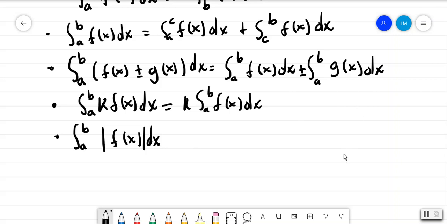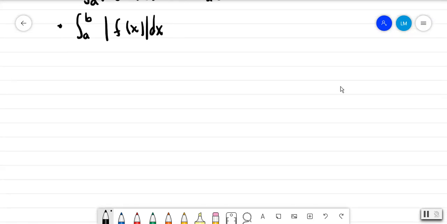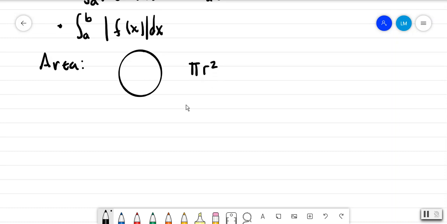Now, let's go ahead and look at some examples of geometry. So when we talk about area, it is possible that you might have regions which represent shapes that you're familiar with. We know that the area of a circle is pi r squared.